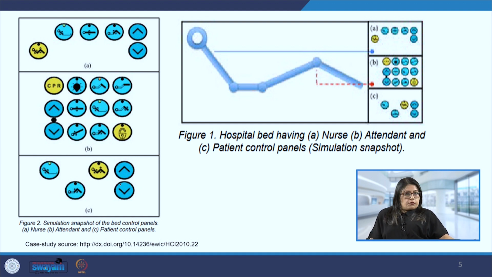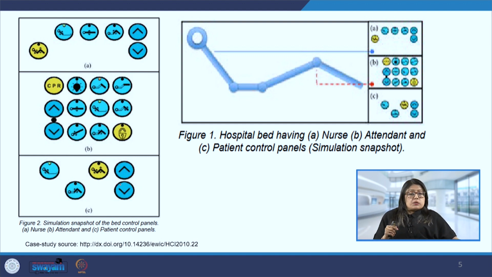The reason for that is that each of these user groups has a very different need of interacting with this particular bed. Also, on the other side we have figure 1, which is the profile of the hospital bed. So we can see how it can turn at certain angles.